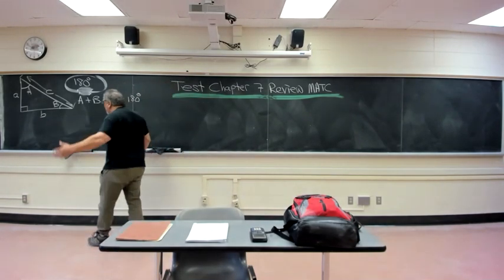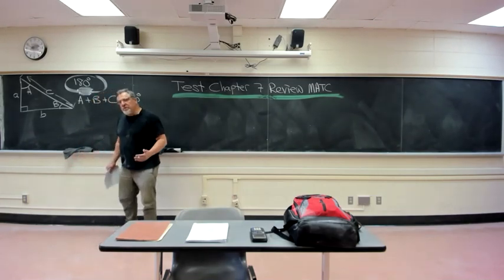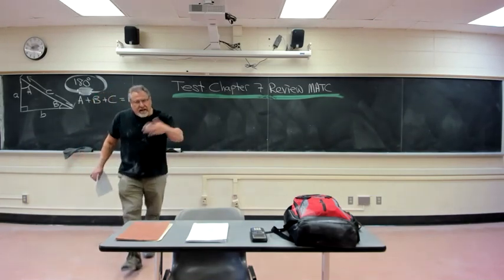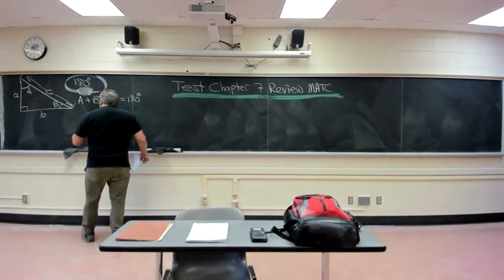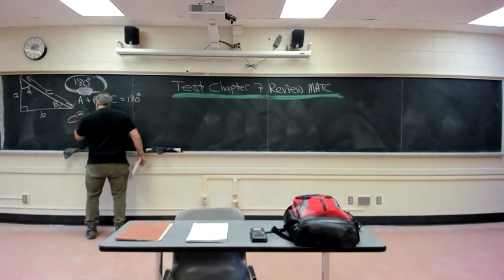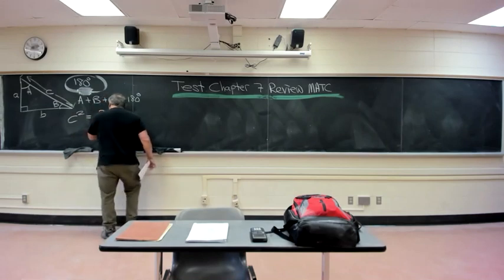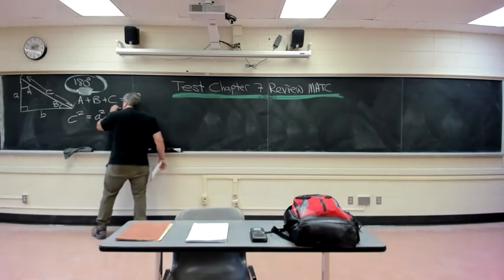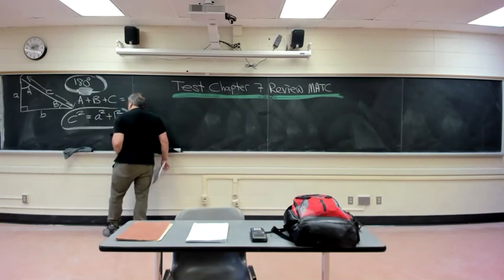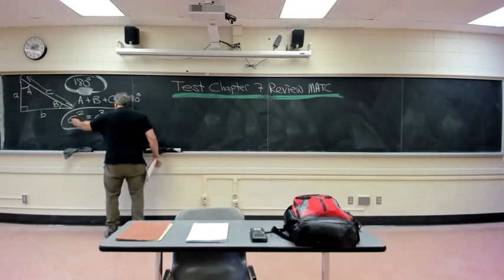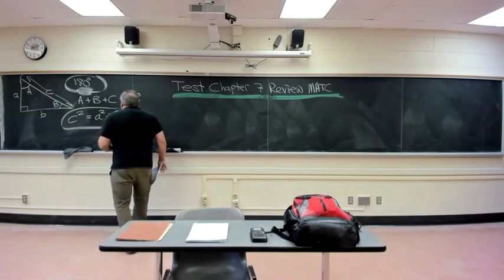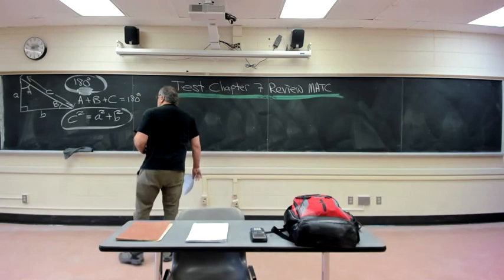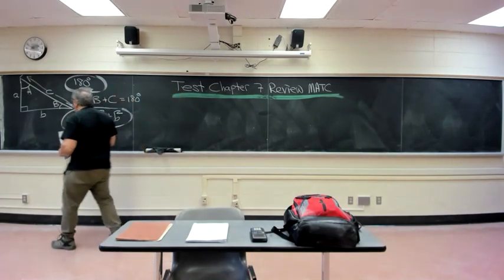And that's in other films that are available to students, both at MATC and elsewhere. I try to make the films available in numerous places. The hypotenuse squared is equal to a squared plus b squared. The length of the hypotenuse squared is equal to the sum of the squares of the legs.